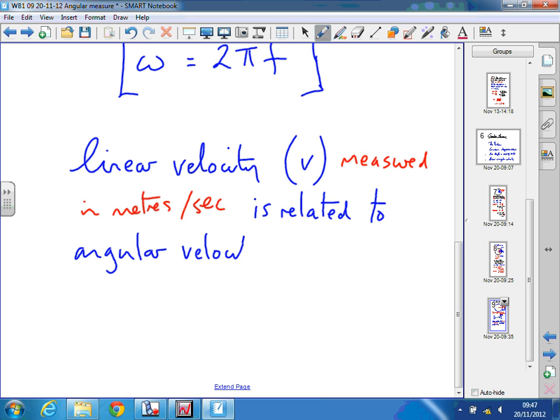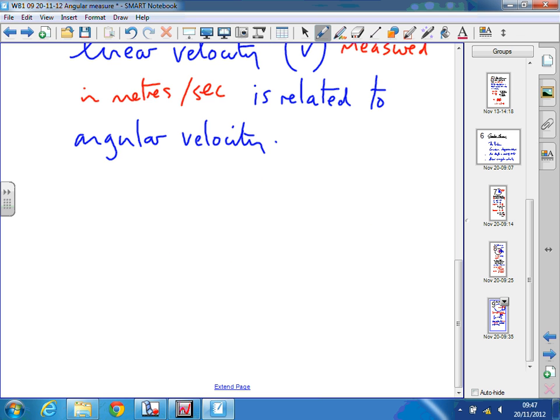And I'm sure if you think back on this video and what I was just saying in terms of how far it's gone, literally around the circumference of a circle, you could work out, and I'm not going to do it for you, you can do this for yourself if you like, but actually the linear velocity is the angular velocity times the radius, and that's the other key formula that we use when we're talking about angular motion.